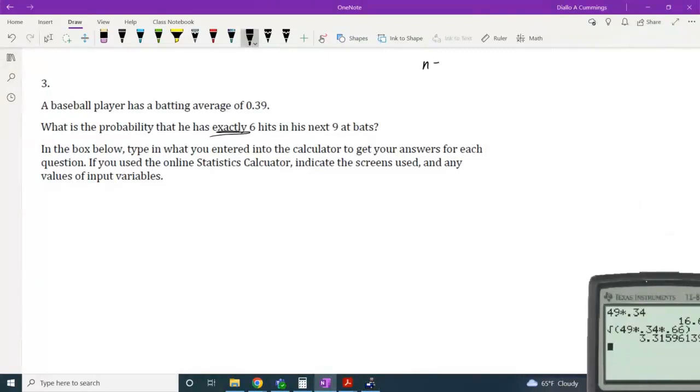Just remember that N is the number of trials, P is the probability of success, and X is the number of successes. Now we know it's a binomial because either he's going to hit the ball or not hit the ball. Those are the 2 outcomes, either hit or miss.